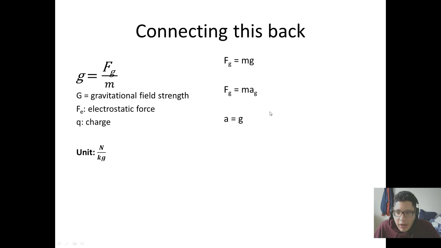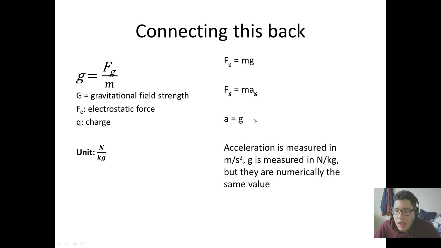So, when you think about it, a_g is the same thing as g. It's the exact same numerical value. Now, we know that acceleration is measured in meters per second squared, and g is measured in newtons per kilogram, but they are numerically the same value. Acceleration is the exact same numerical value as gravitational field strength. Exactly the same thing.